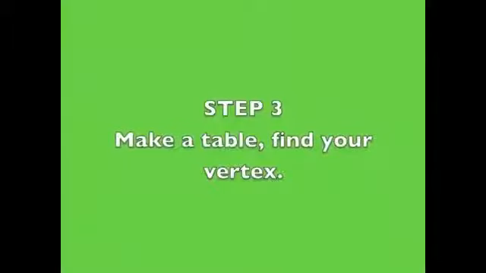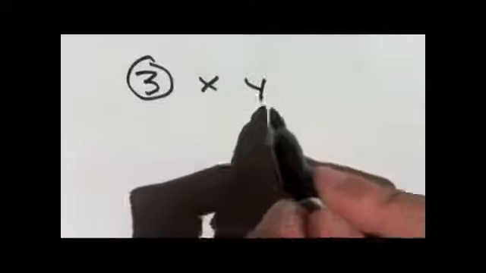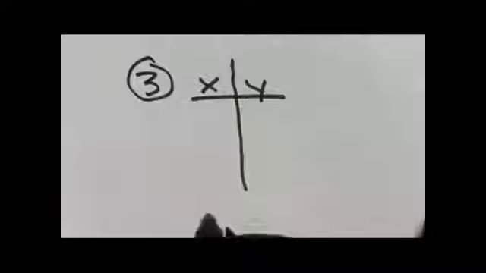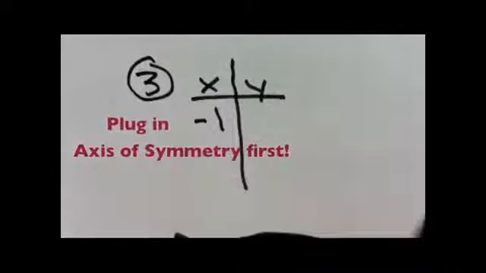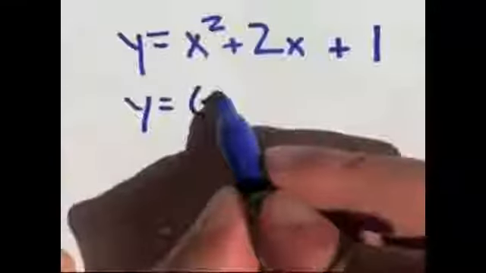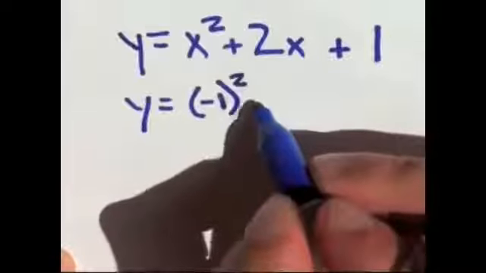Step 3, we're going to make a table and find our vertex, our starting point. So here we go. Here's our table, x in one column, y in the other column. So our first x that we're going to plug in is our axis of symmetry, which is negative 1. Now we're going to plug that back into the original equation. So wherever we see x, we're going to write negative 1.